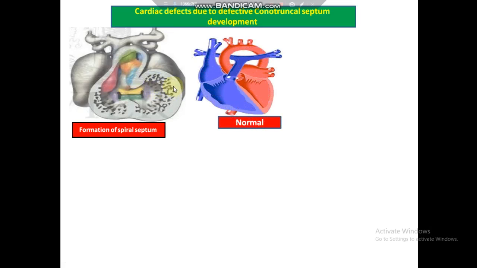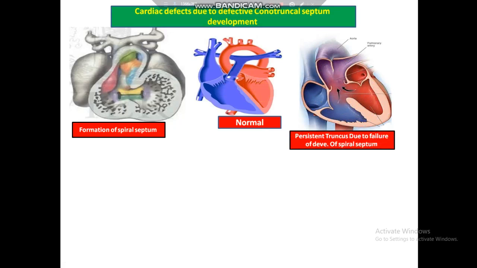So if there is a defect in this septum formation, what will happen? This is the normal thing: the pulmonary trunk arises from the right ventricle, and the aorta arises from the left ventricle.